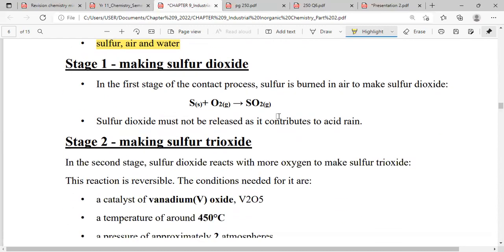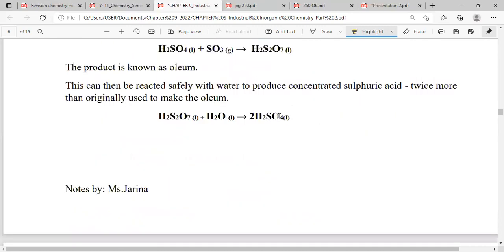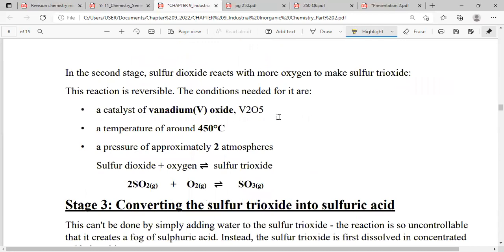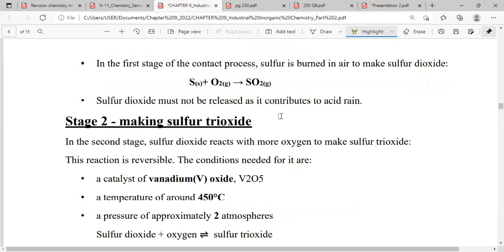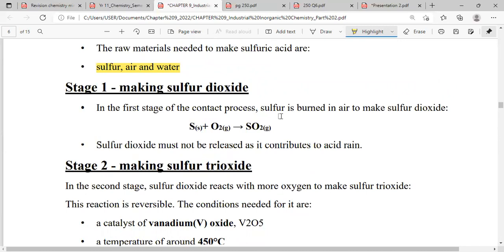Though you will see that there's a lot of information here, it extends to one whole page, you don't have to really focus on stage 1, stage 2. As long as you know the sequence of the equations, which one is first and how the sulfuric acid is formed, that's fine. For easy understanding, it has been separated.